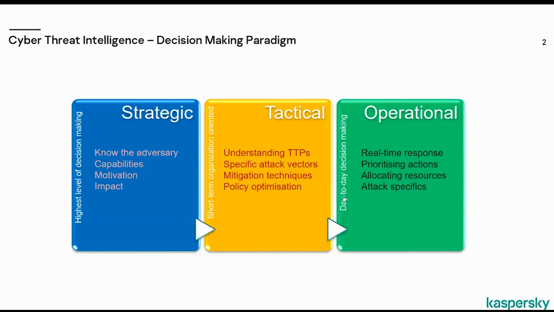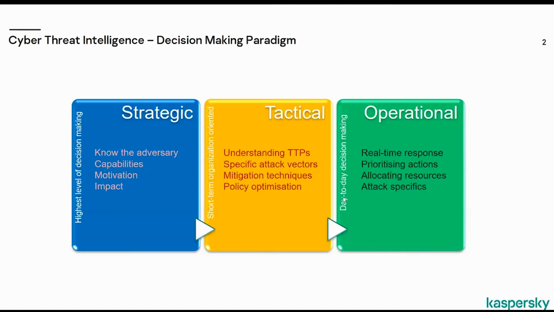And obviously, depending on the organization, what their objectives are, what they're trying to achieve with cyber threat intelligence, that will guide which of the three categories, if I can say, of threat intelligence they need to consume in their environment.